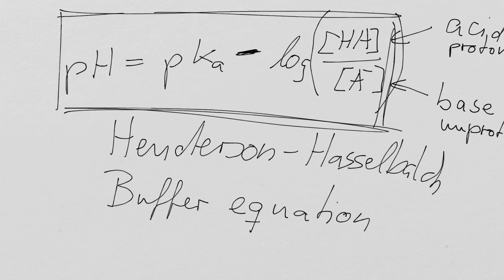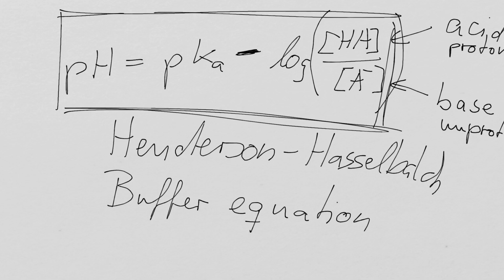Well, what on earth is a buffer? A buffer is the combination of an acid and its conjugate base that allows you to keep the proton concentration, for example, in the cell, constant.